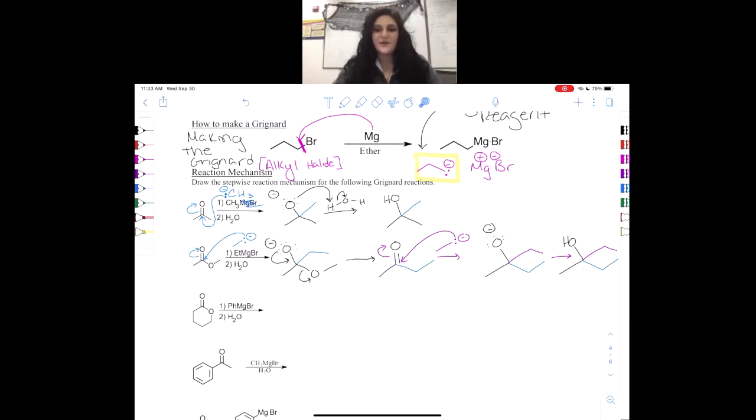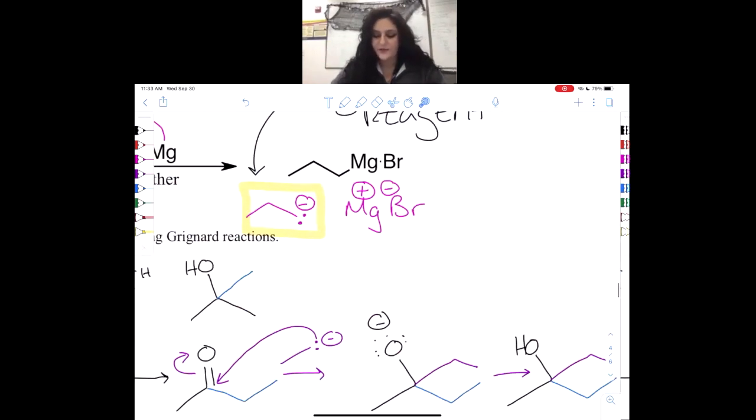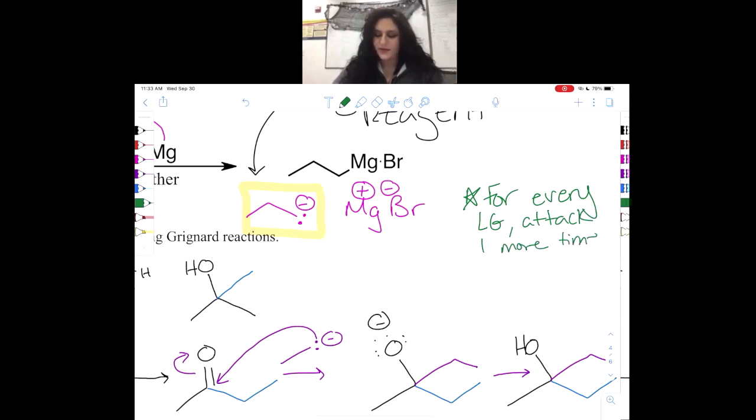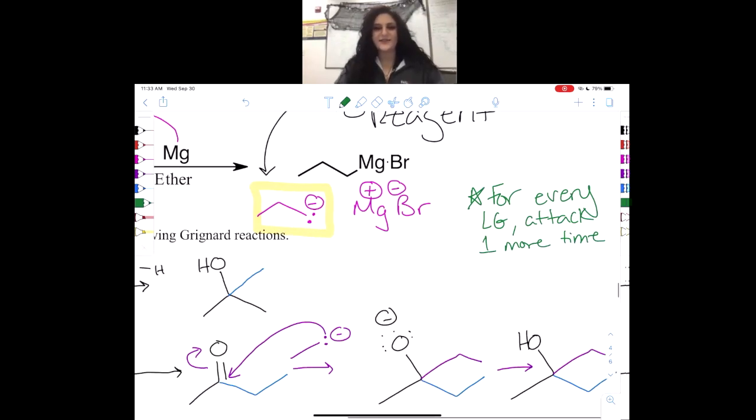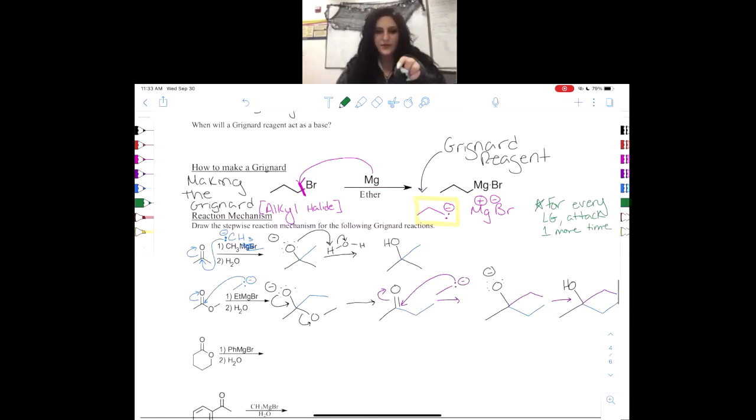And then someone says, how do you know if it will react twice? Well, just like we did for the reductions, you can draw a little cheat sheet summary right here where you can say for every leaving group, you attack 1 more time. So just as a standard, every time we react, we're going to add 1 of the Grignard reagents.